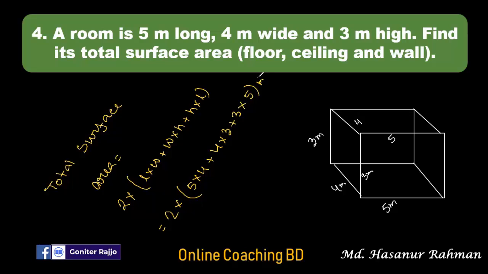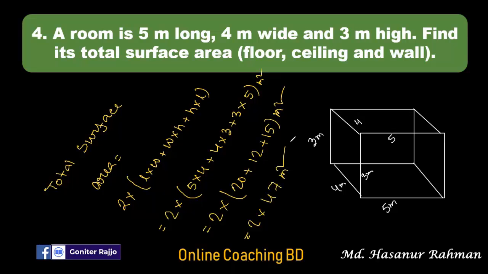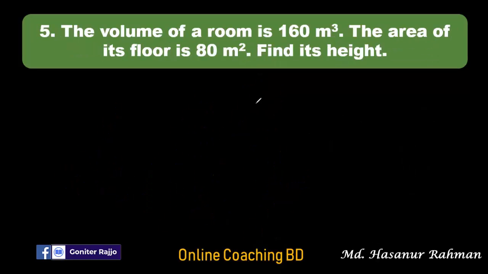And the unit should be meter square. So 2 multiplied by 5 4 is 20 plus 4 3 is 12 plus 5 3 is 15. So 2 multiplied by 15 plus 12, that is 27, plus 20, that is 47 meters square. And the answer should be 94 meter square.